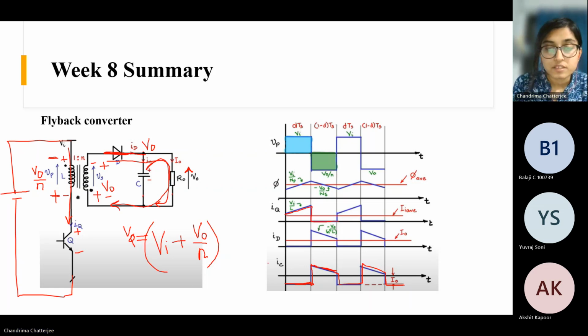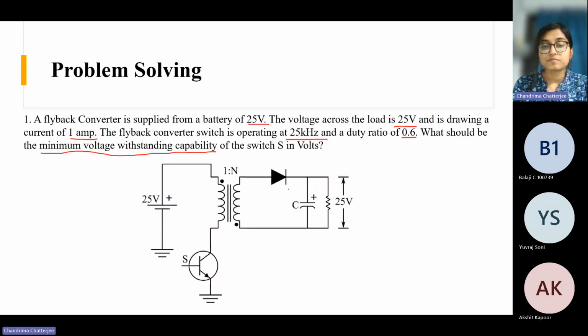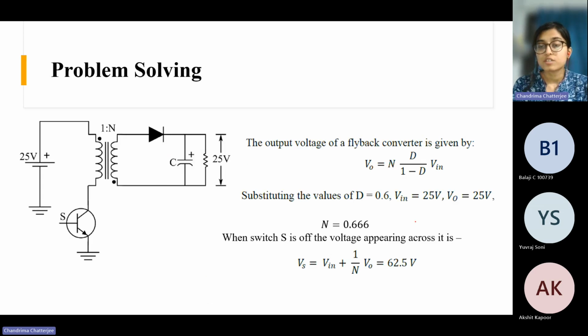Here you have V input, you also have V output, but the turns ratio is not given. You need the turns ratio for finding out the voltage across the switch.